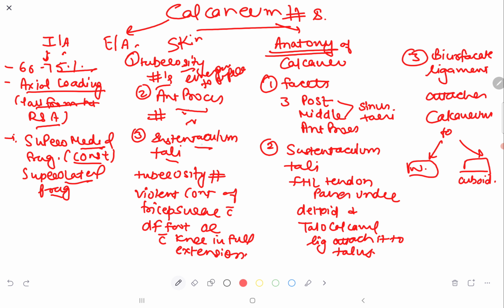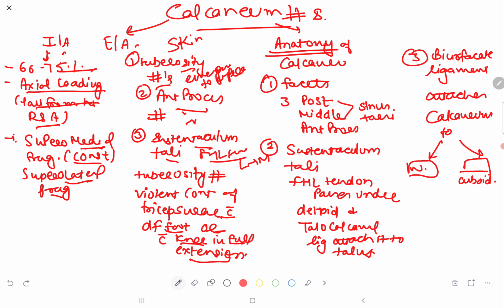Underneath passes flexor hallucis longus tendon, which can be pierced or damaged with the lateral to medial screws. Then tuberosity fractures can occur due to violent contraction of triceps surae with dorsiflexed foot or with knee in full extension.